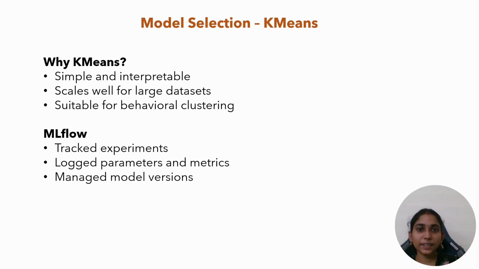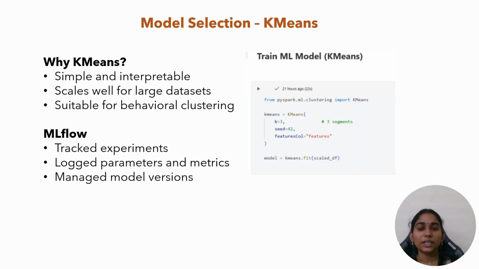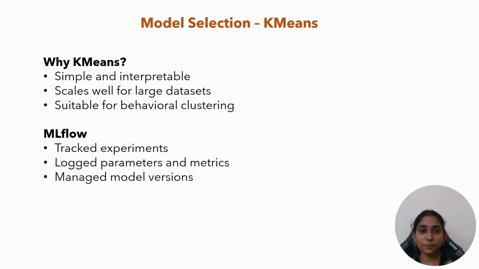I selected k-means clustering because it's simple, scalable, and works well for behavior-based segmentation on large datasets. To manage experiments, I used MLflow to track parameters, metrics, and model versions, making the ML process reproducible and well organized. The final output is a clear user segment that can be directly used for business analysis and dashboards.